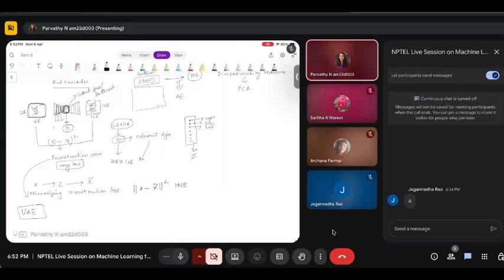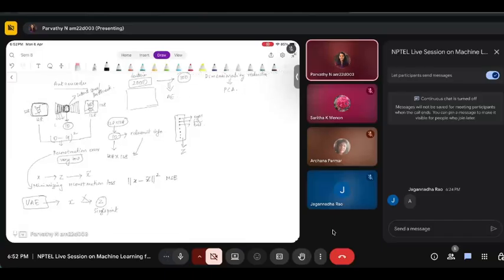In a variational autoencoder, the X is not just mapped to a single point Z. Instead, the X is mapped to a distribution.